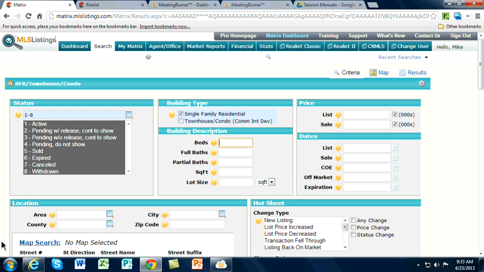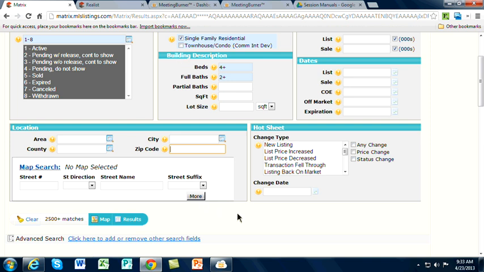All right, so, but I want to see all of these. I'm going to do single-family homes. And to start with, I usually would do 4 plus, and this is a 2 plus, and maybe I'll later narrow it down. The zip code is 95120, so you're going to, of course, remember where it is.